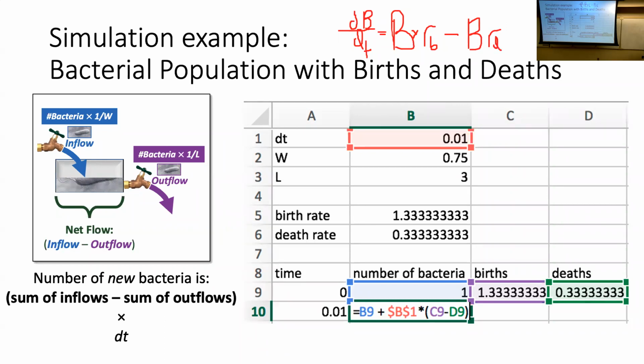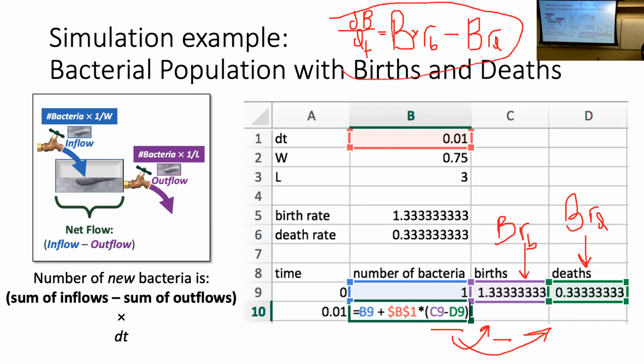And that's effectively what we see right here, because this thing here is the number of bacteria times the birth rate, RB, and this right here is the number of bacteria times the death rate, RD. And then this flow just subtracts one from the other. And that's what gives me this here.